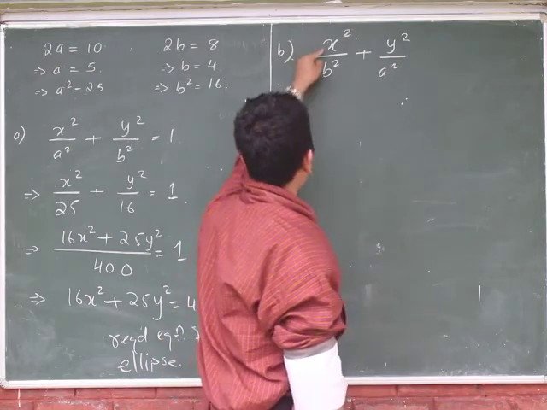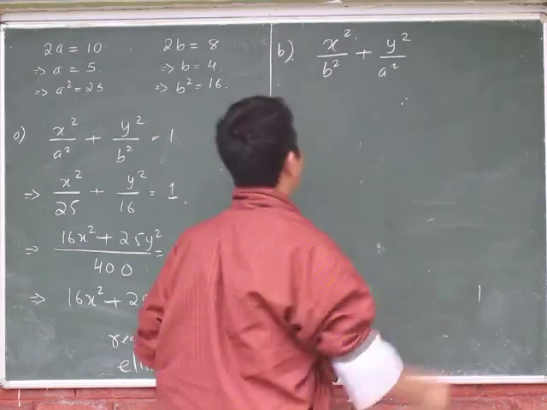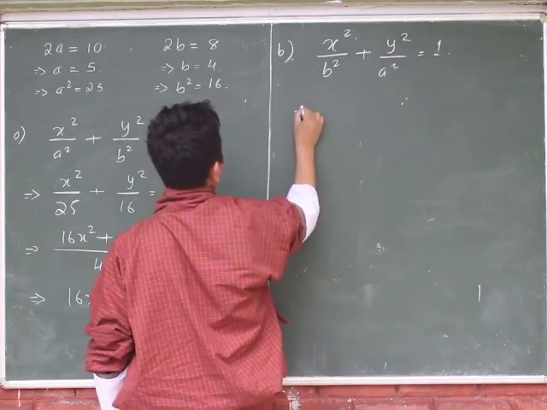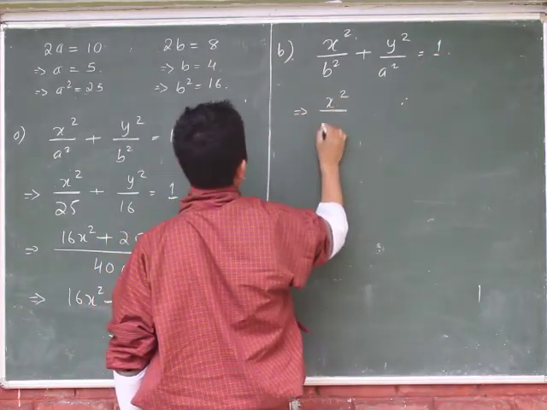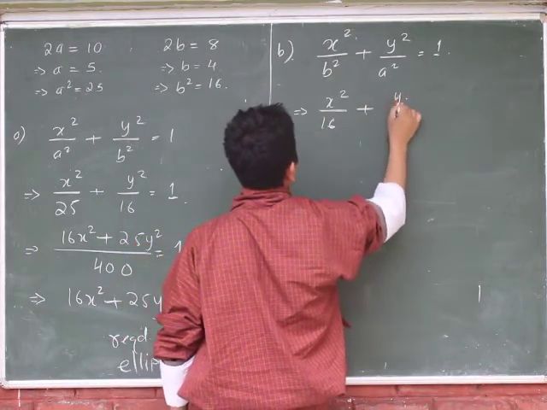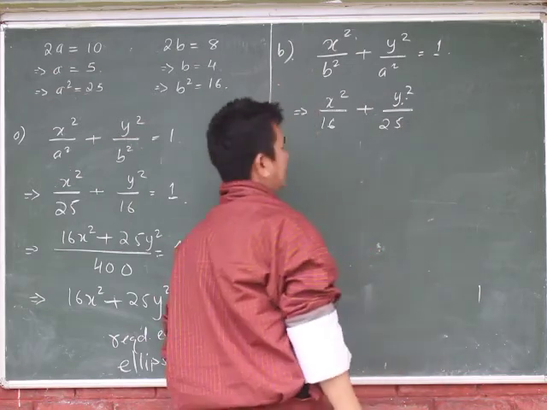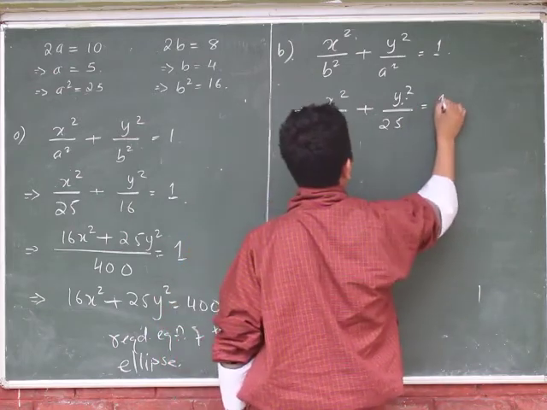So this will be x squared by b squared plus y squared by a squared, equal to 1. Substitute the values: x squared by b squared, which is 16, plus y squared by a squared, which is 25, equal to 1.